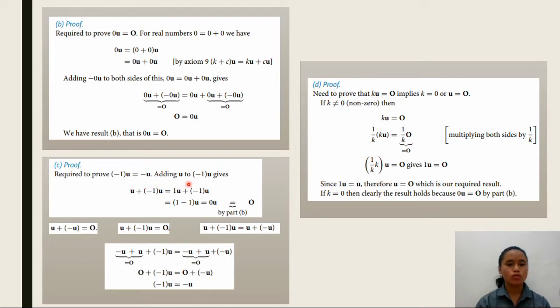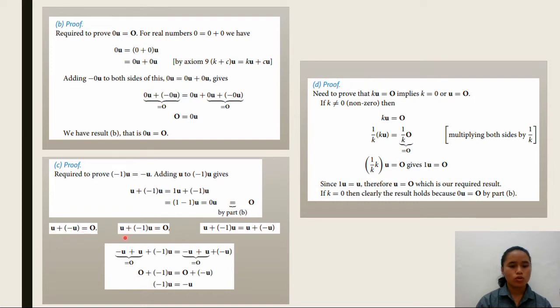Adding u to minus 1 times u gives 1 times u plus minus 1 times u, which equals (1 plus minus 1) times u, which equals 0 times u, which is 0 by part B. So we get u plus minus u equals 0.